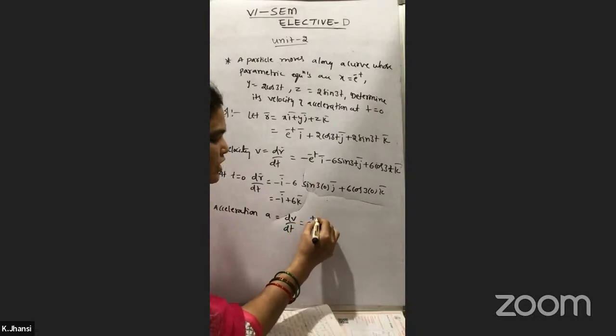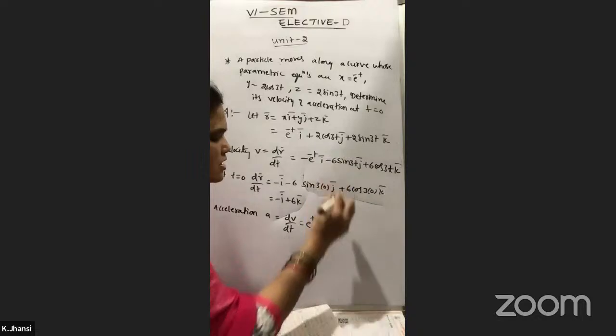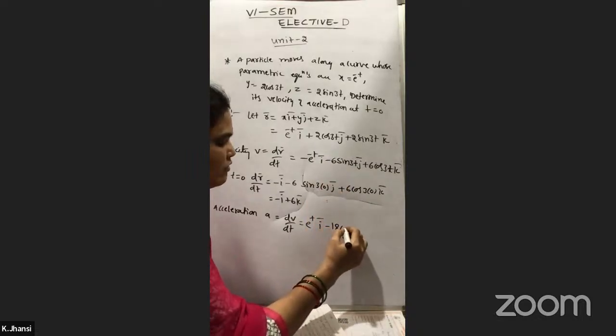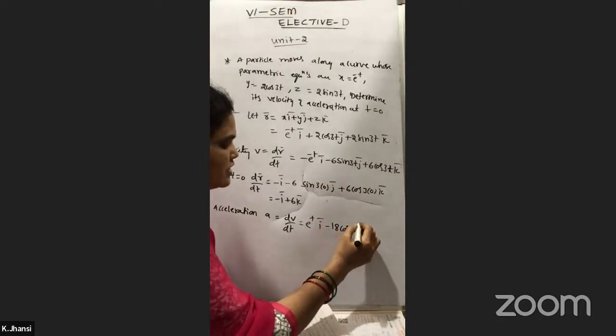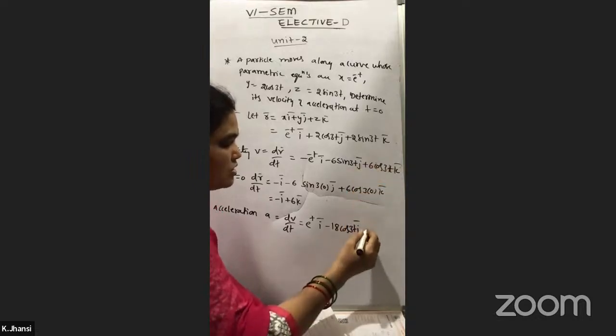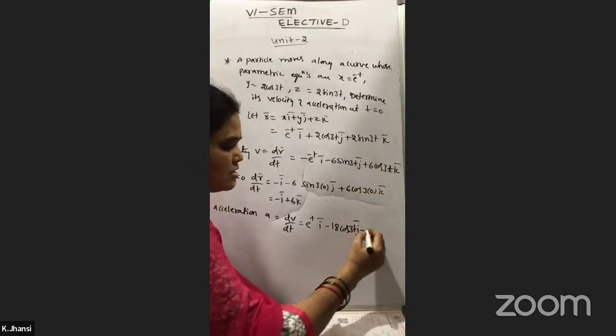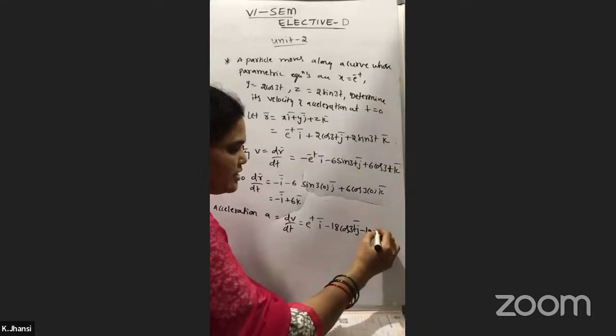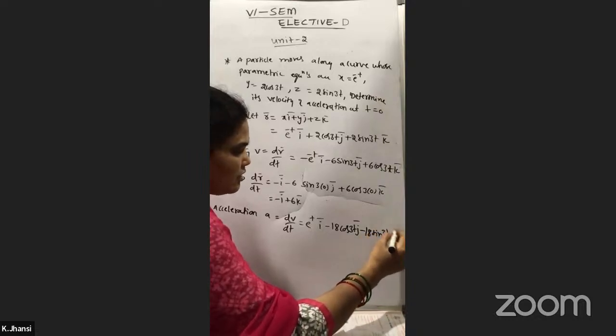So e to the power of t i minus, 6 threes are 18, sine becomes cos 3t j. Here also 6 threes are 18 and the sign is negative, 18 sin 3t. Okay. So this is the answer whenever he is asking only acceleration.